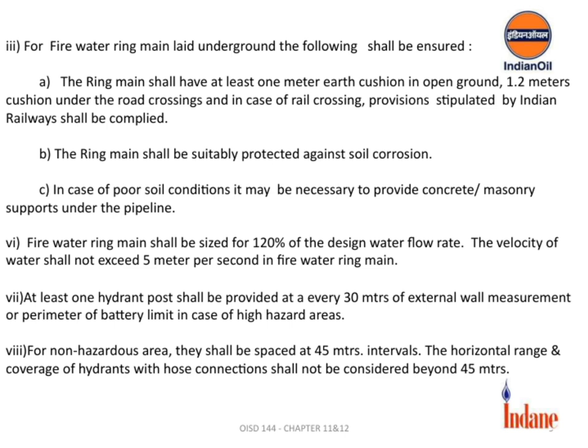In cases where soil conditions are poor, we may need to provide concrete or masonry supports underneath the pipeline to ensure stability and integrity. These guidelines are all about ensuring the fire water systems are reliable, durable, and effective in emergency situations, which ties into the overall theme of safety and preparedness in our designs.